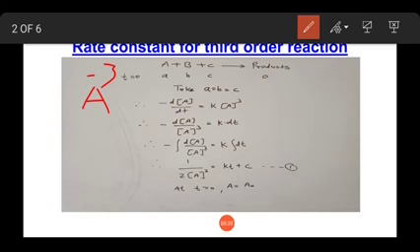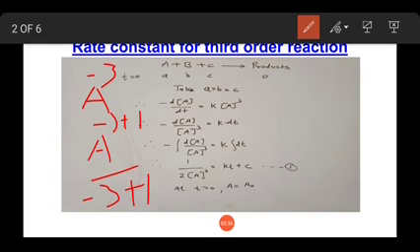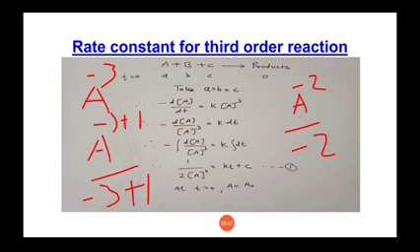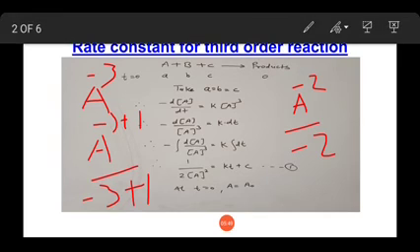Integration of that will be A raised to minus 3 plus 1 upon minus 3 plus 1. So the answer will be A raised to minus 2 upon minus 2. So it becomes minus 1 upon 2A square.